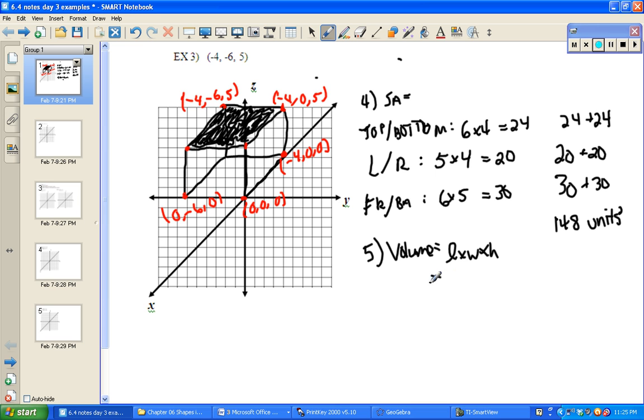So it's 4 times 6 times 5. And if you put them in a different order, it really doesn't matter. If you did 4 times 5 times 6, that would be the same thing. So 4 times 6 times 5 is 120. So 120 units cubed.